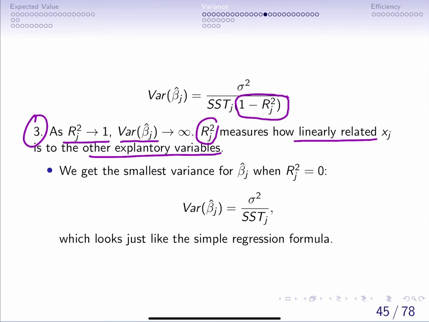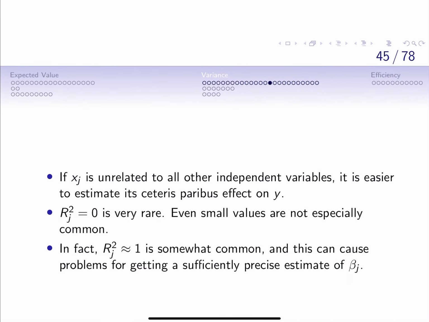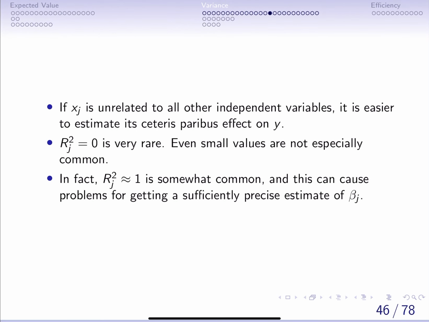Okay, so you can almost see here that the smallest variance for beta hat j would be the case where R squared j equals 0, right? So if the variance was just given by this formula, which is really your simple regression formula, that is when the variance would be the lowest. Okay, but we don't really encounter that very often.